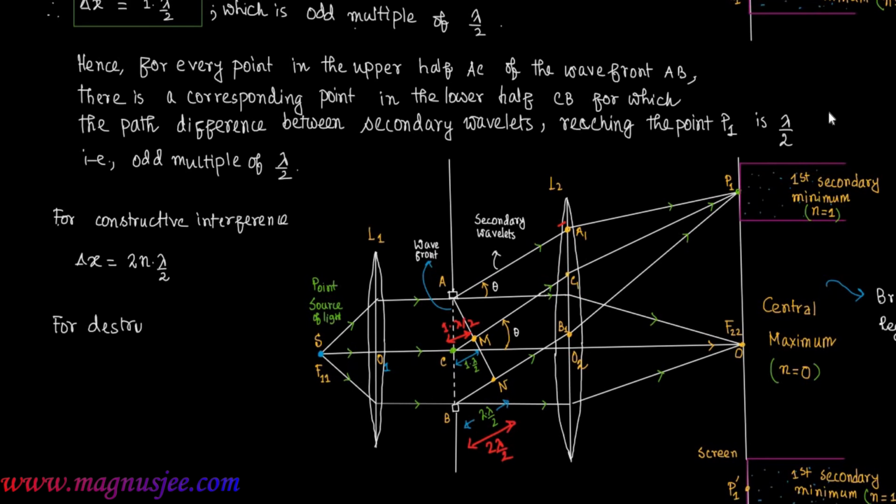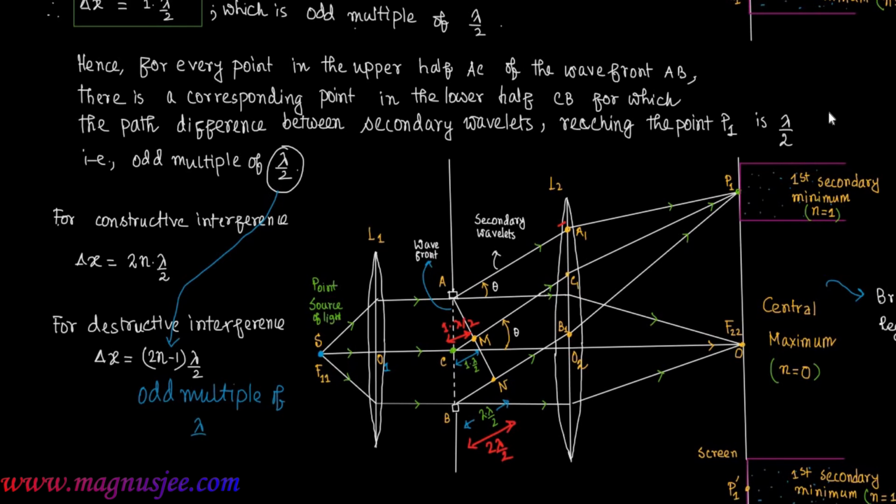So for constructive interference, delta x is equal to 2n lambda by 2, and we know that for destructive interference, path difference delta x will be (2n minus 1) lambda by 2. That means the path difference between two secondary wavelets satisfies the mathematical condition for destructive interference.